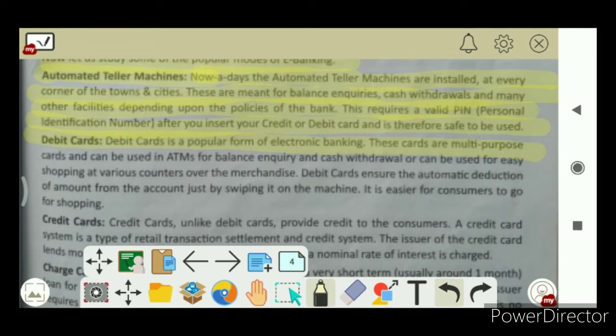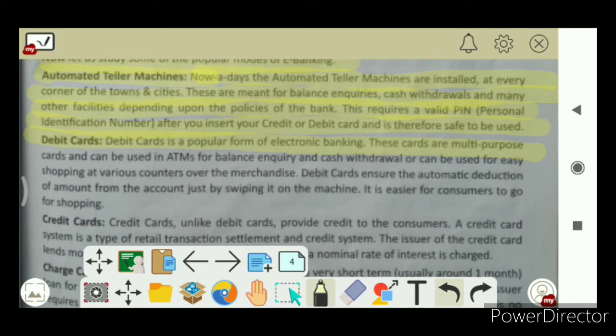Debit cards ensure the automatic deduction of the amount from the account just by swiping it on a machine. It is easier for consumers to go for shopping. Generally, debit cards are known as ATM cards.